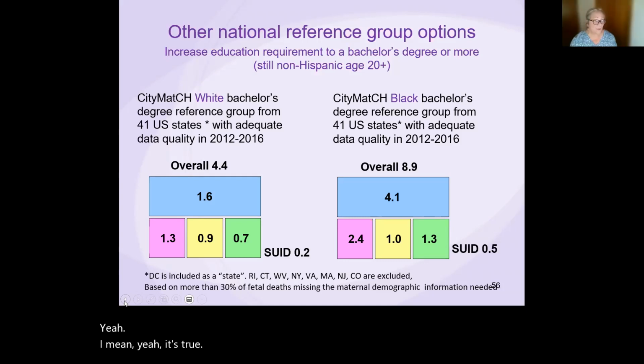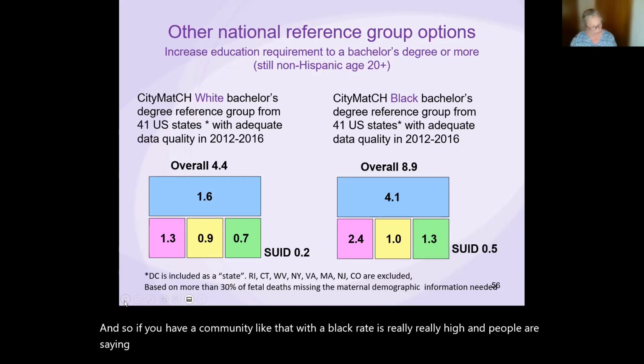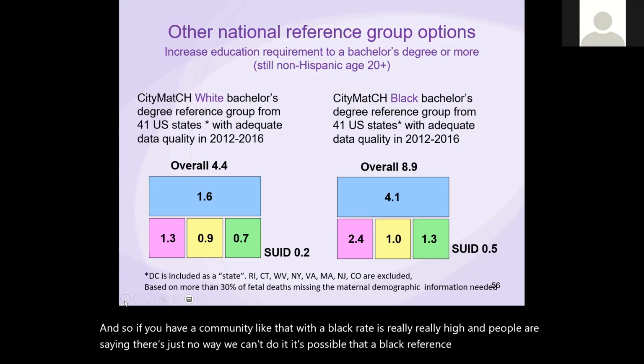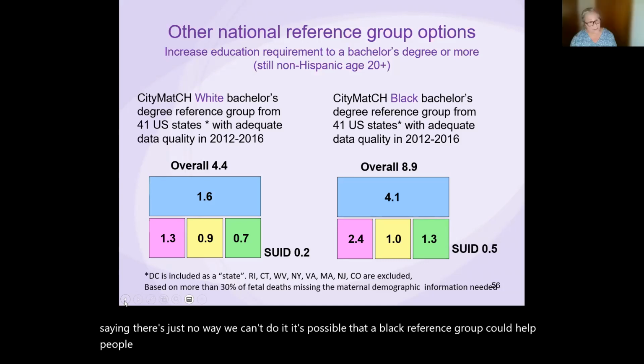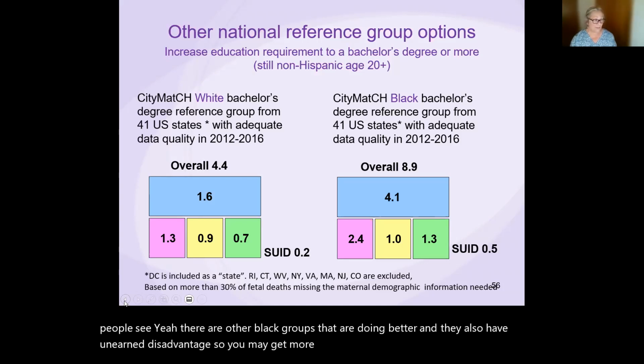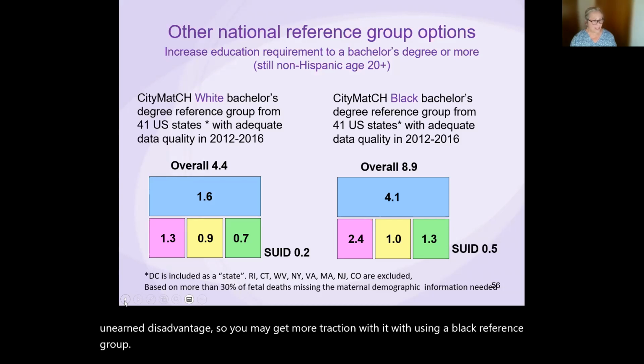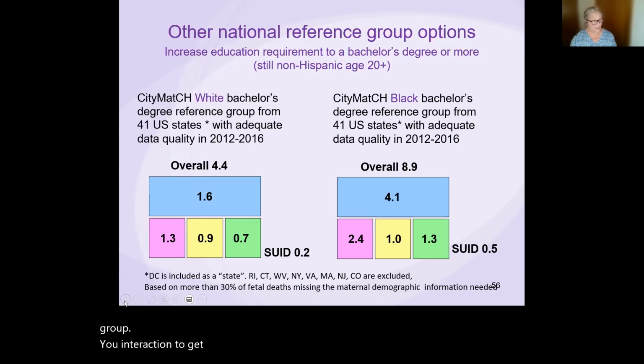If you have a community where the Black rate is really, really high and people are saying there's just no way, we can't do it, it's possible that a Black reference group could help people see that there are other Black groups that are doing better, and they also have unearned disadvantage. So you may get more traction with using a Black reference group, traction to get something done, even though the bar wouldn't be as high. It might help your argument more.